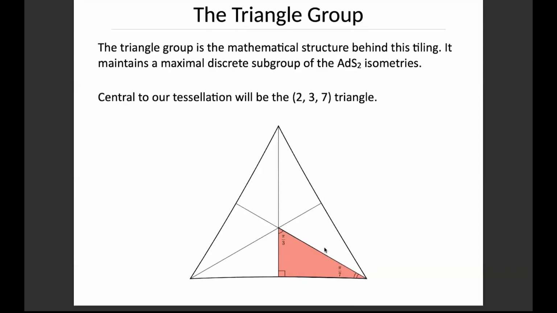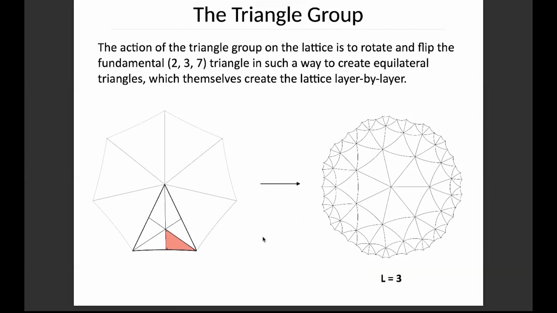So you can mathematically generate the lattice from this triangle group, layer by layer, right? The generators tile the space, which is pretty neat.